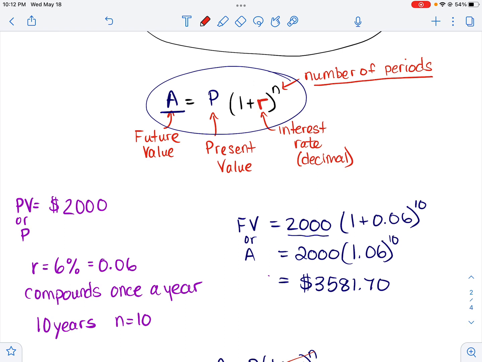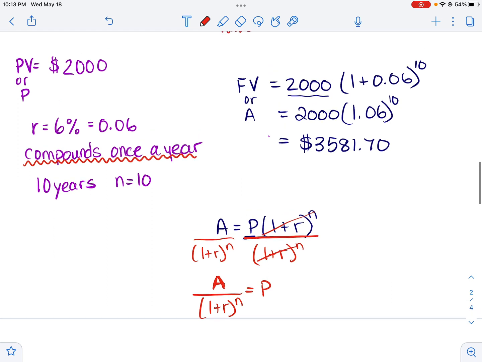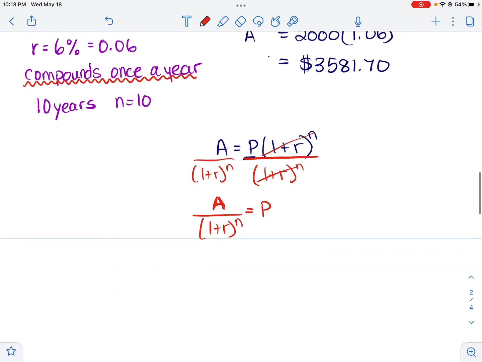The bigger the interest rate, the more money you're going to get. And this might be a confusing topic, but the more times it compounds, the better. Because that just means they're going to add your interest back into your principal more often, which is good. Okay, that's it for compound interest.